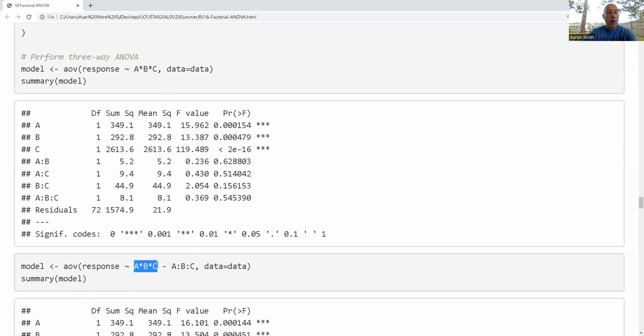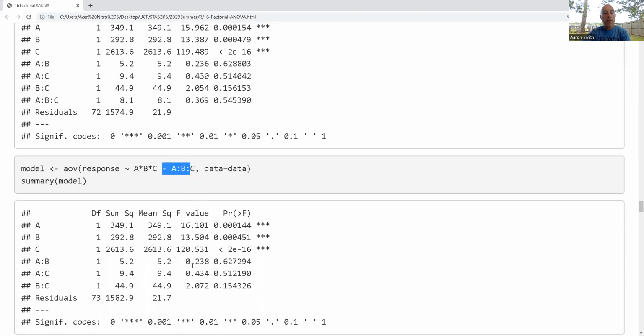So I have the same model, but now I'm going to remove the 3-way interaction. Notice I do a subtraction here. Now, when I do that, I see I've got interaction BC, interaction AC, interaction AB. So I have 3 things going on, and it looks like at least one of these interactions doesn't belong.